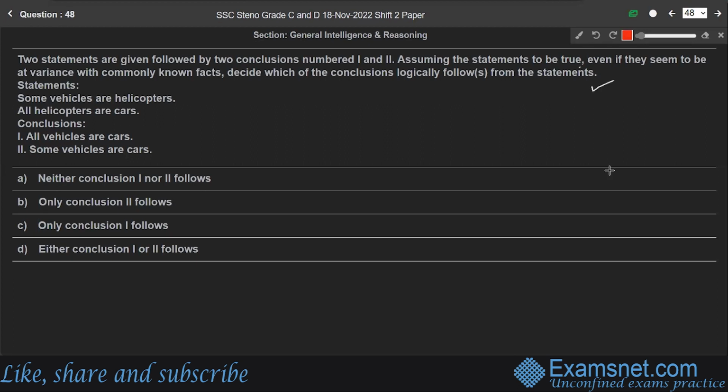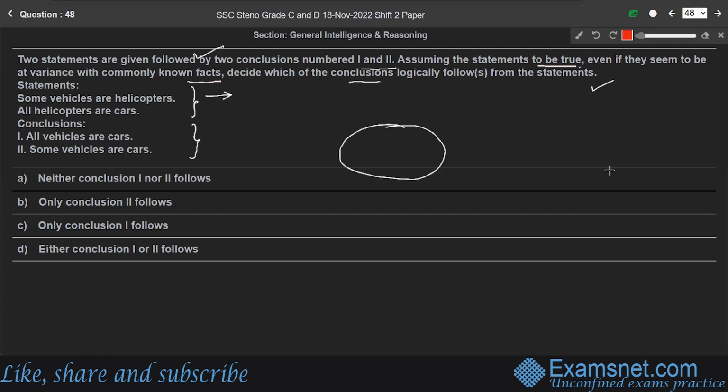Question 48. Two statements are given followed by two conclusions numbered 1 and 2. Assuming the statements to be true, even if they seem to be at variance with commonly known facts, decide which of the conclusions logically follow from the statements. So here are two statements given followed by two conclusions. We'll represent the given statements in the form of Venn diagram first. Some vehicles are helicopters.